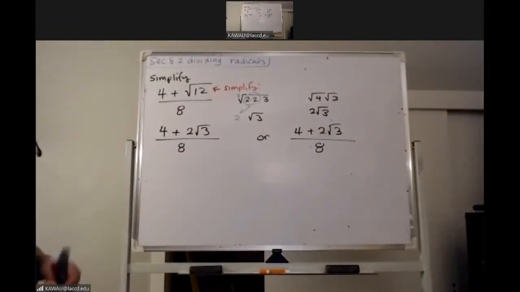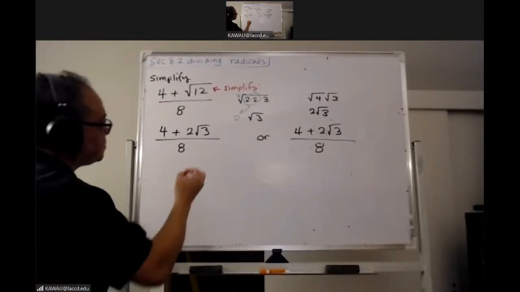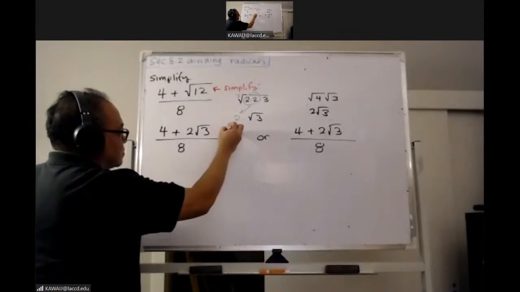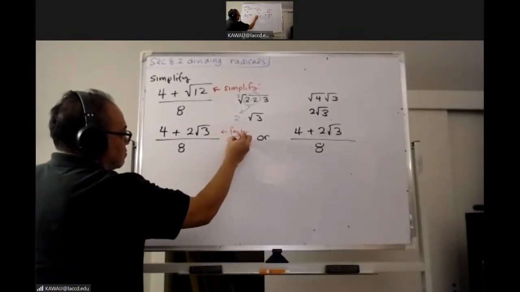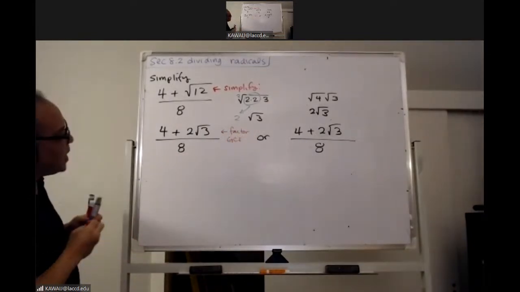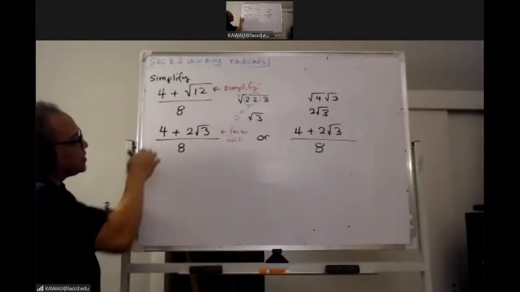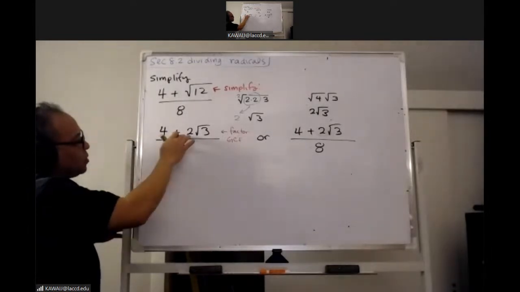One way of attacking this is to factor out the GCF. So you ask yourself, what number divides into 4 and 2? And that answer is 2.